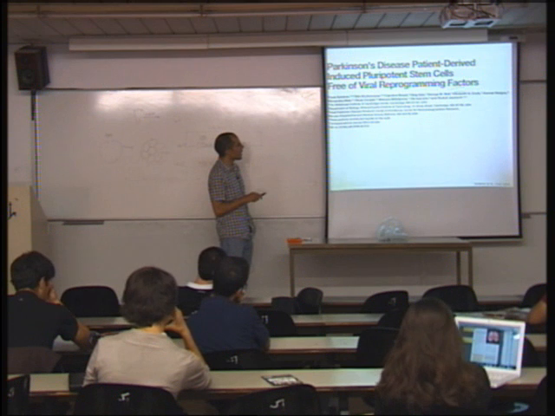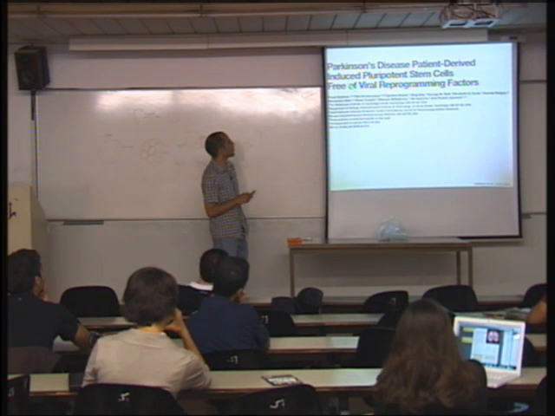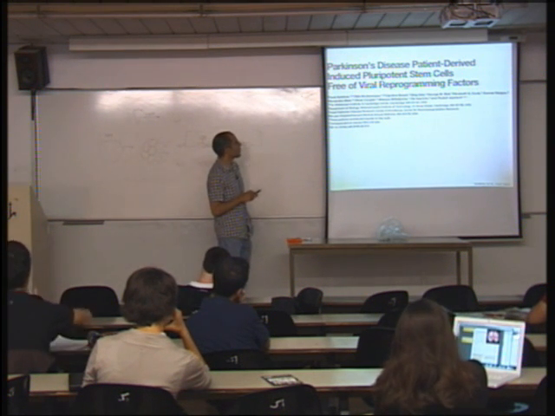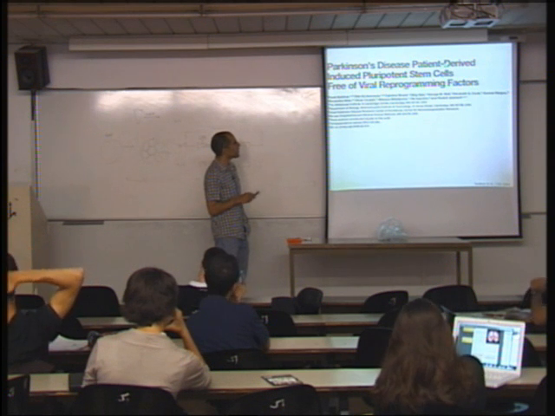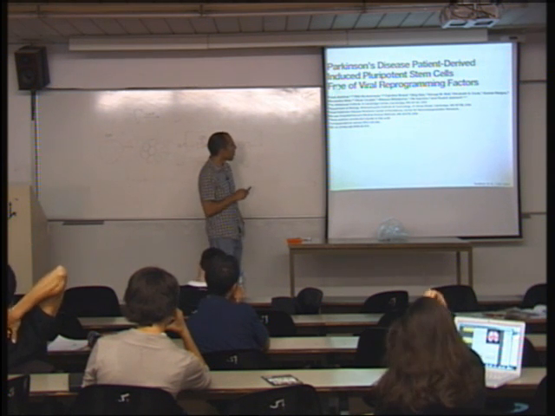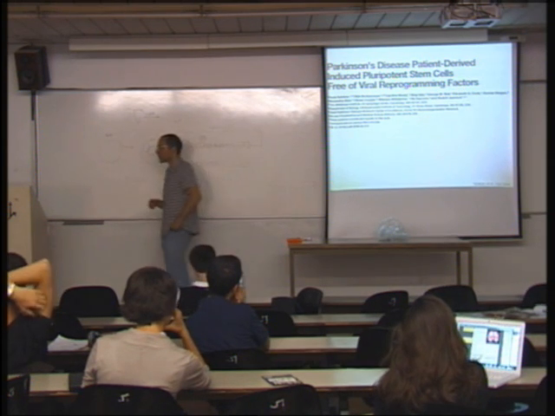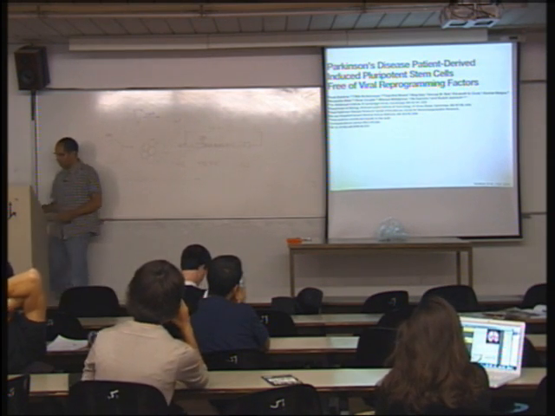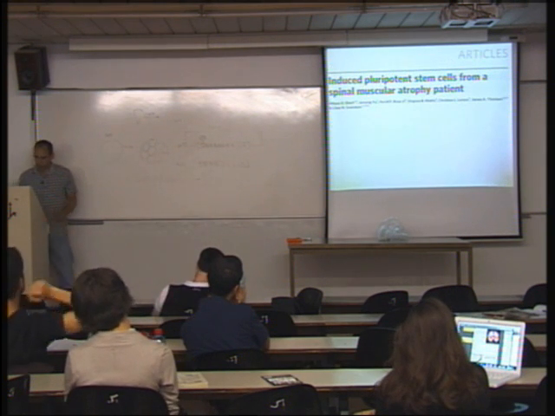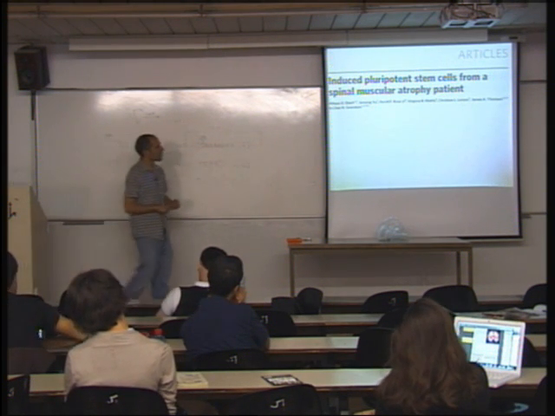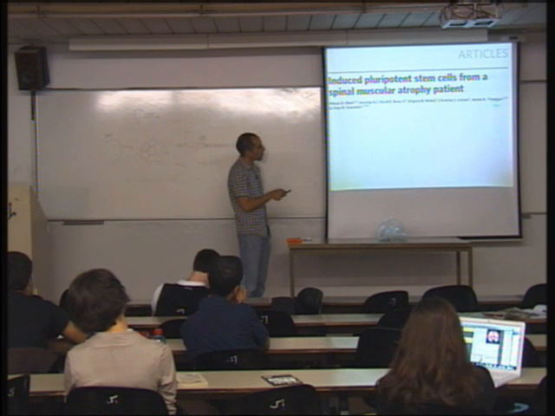So this is again the Jaenisch group, Cell 2009. They produced iPS cells from Parkinson's disease patients without viral reprogramming factors. Okay. Paper from Clive Svendsen and Jamie Thompson.